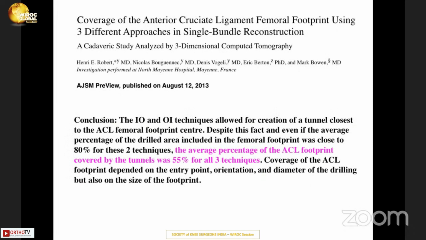So these three techniques for the femoral tunnel, inside out, outside in, and transtibial, cover only 55% of the native femoral ACL footprint. On the tibia it may be a little more because usually we have one size bigger than the femur, so it is around 58 to 60% tibial coverage and around 55% on the femoral side.